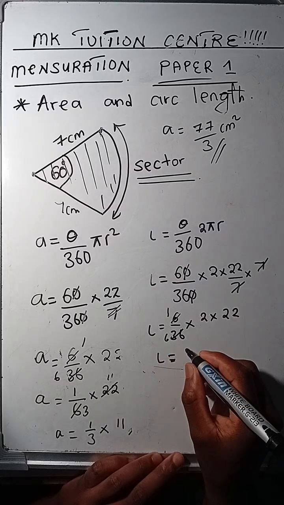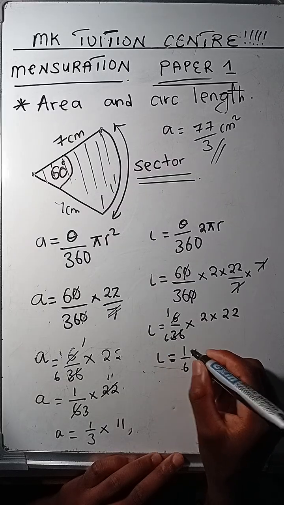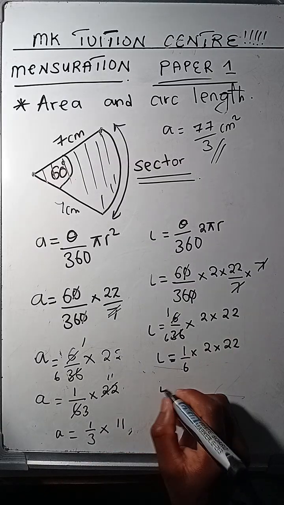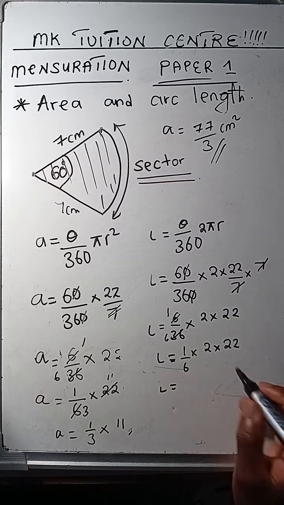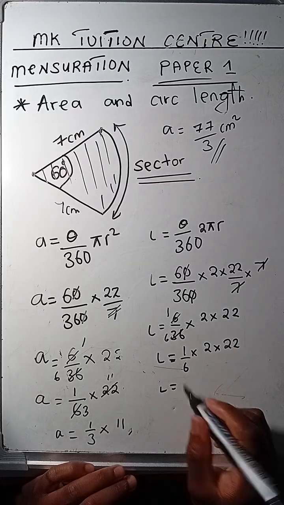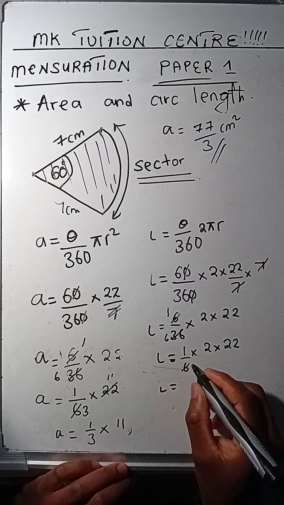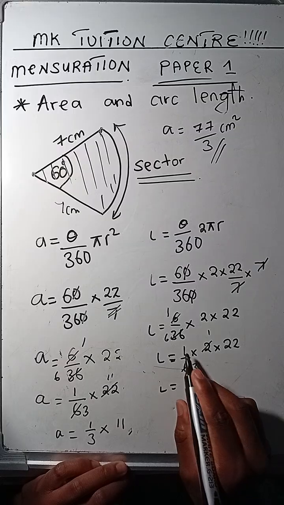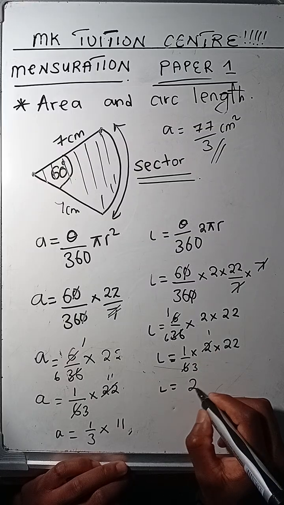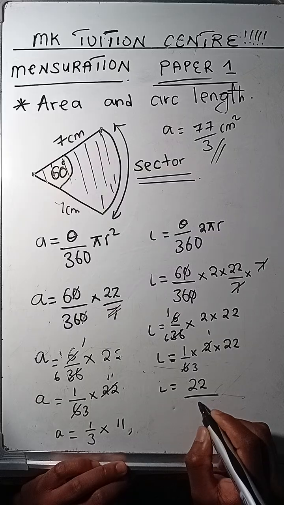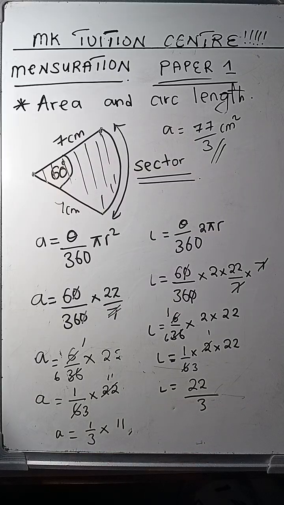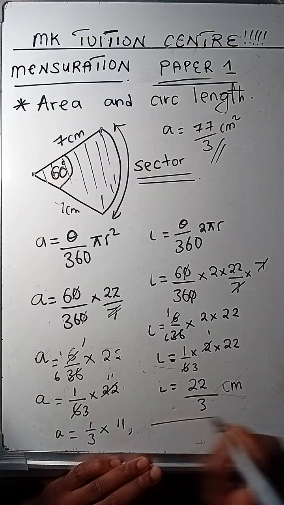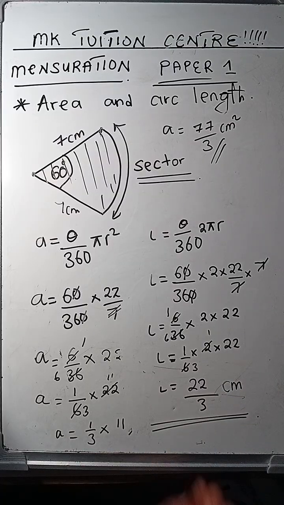So we're going to have 1 over 6 multiplied by 2 multiplied by 22. Okay, when we reach here, we can simplify using 2. 2 here, we are going to have 3. 2 here, we are going to have 1. So we're going to have 1 times 1 times 22 to give us 22 over this down here is just going to be 3. So we're talking about length. So length is just centimeters. All right, so this is how it is done.